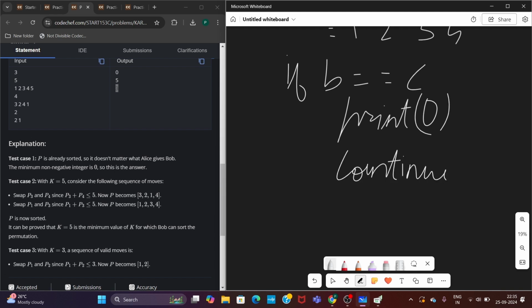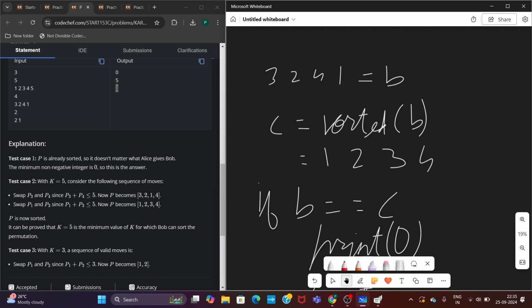Else, we will run a for loop in reverse order, meaning we'll check from the last element to the first element.